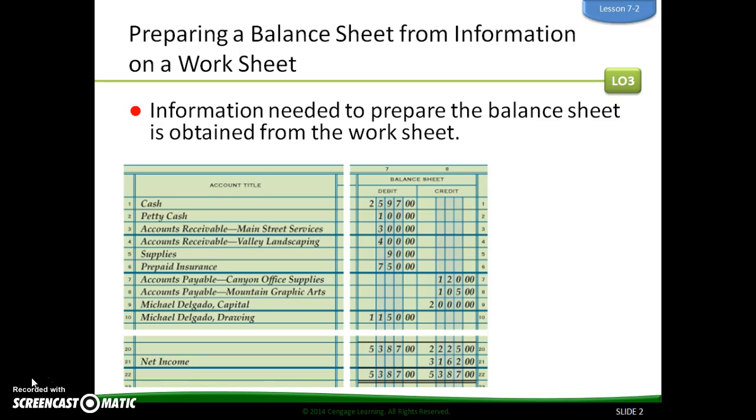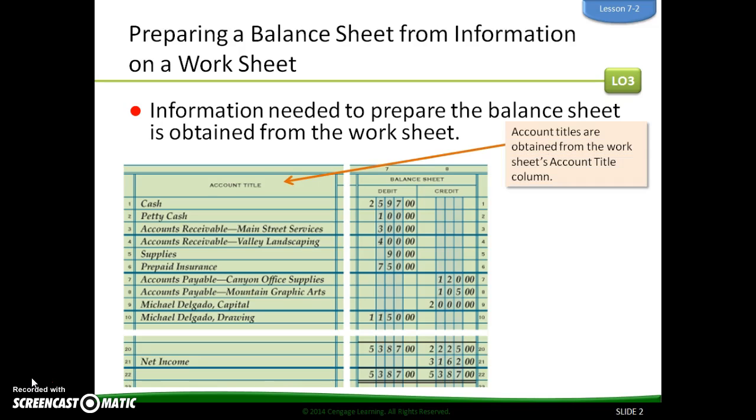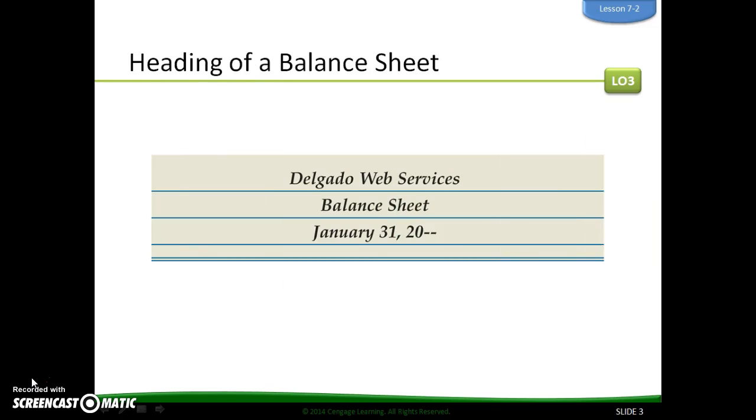And if we remember our formula for the accounting equation, the assets and liabilities and owner's equity all come back into play here. So account titles come straight off our worksheet, and then our account balances come right out of the debit and credit columns on that worksheet for the balance sheet.